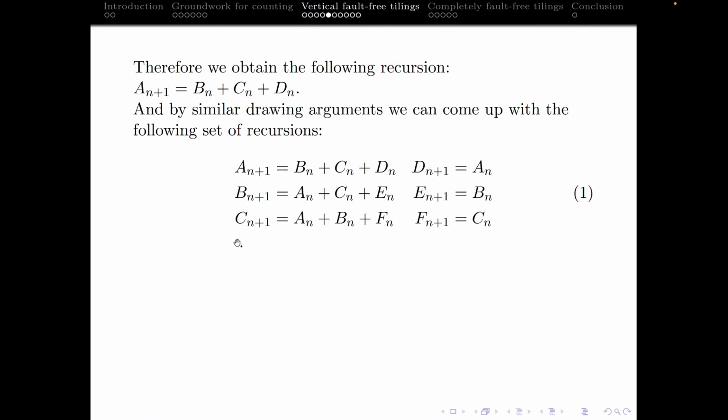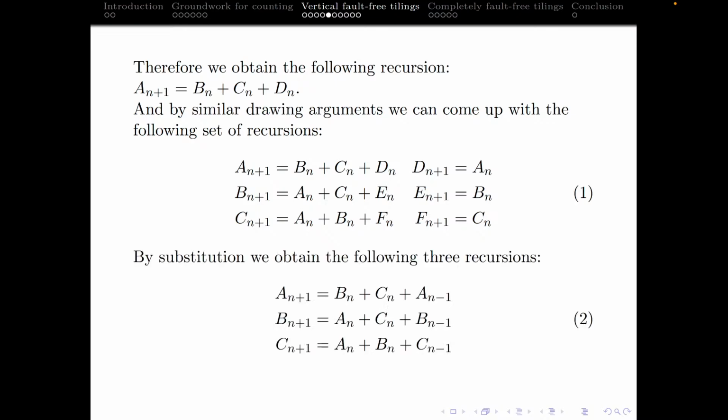And similarly you can work out where the Cn plus 1 comes from. And by substituting these recurrences and these values, we can get just three recurrence relations in just A, B and C, the three sequences. So we have reduced the number of sequences that we are dealing with. We have reduced the complexity of the problem, and we have got three equations and three sequences to deal with.